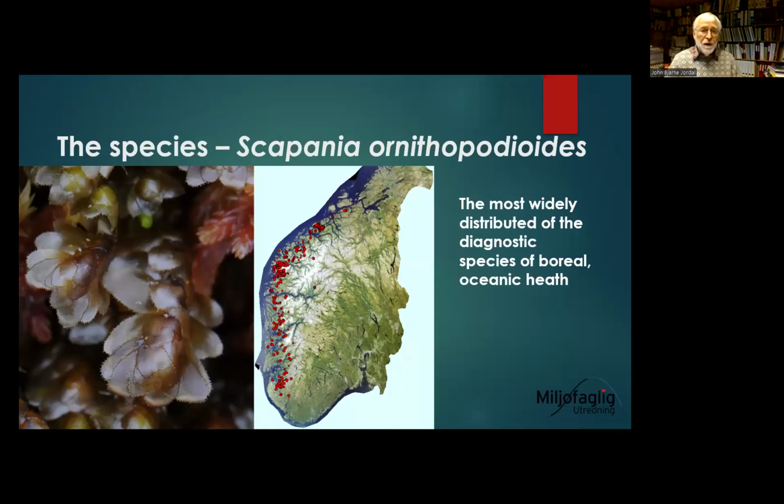Something about the typical species. The most widely distributed one is Scapania ornithopodoides, which is distributed along the whole western coast until Trøndelag, nearby Trondheim.